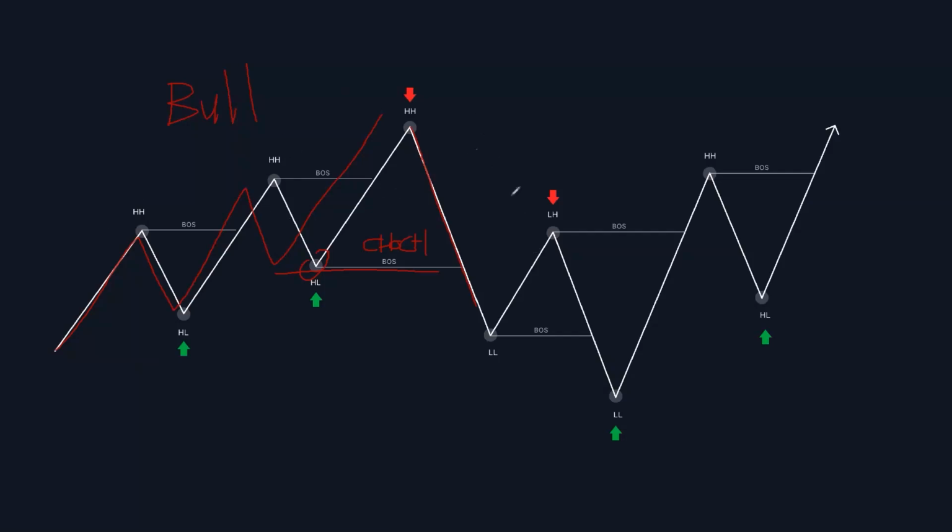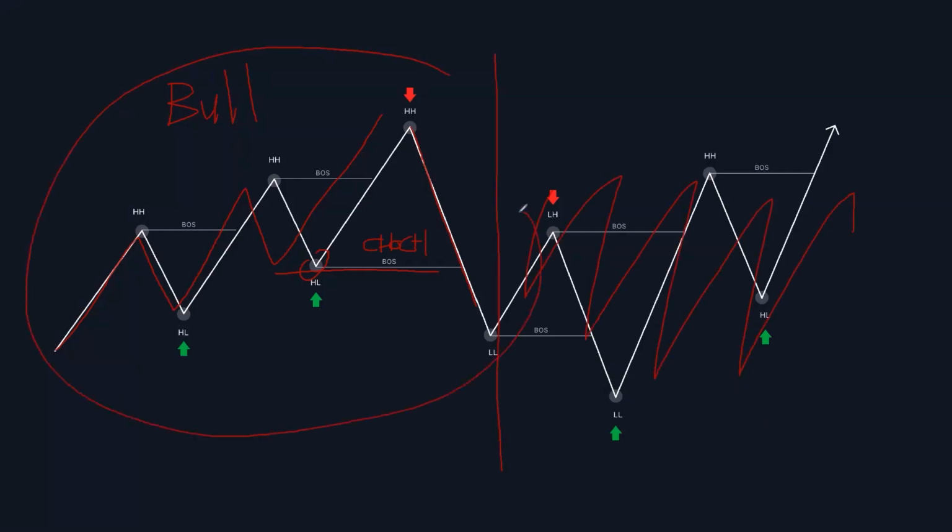Now imagine this hasn't happened yet. At this point, in this area here, we do not have a bearish market yet. You can see why, because we only have a high and a low. We did take out the previous swing low, but we don't have a lower low, lower high.